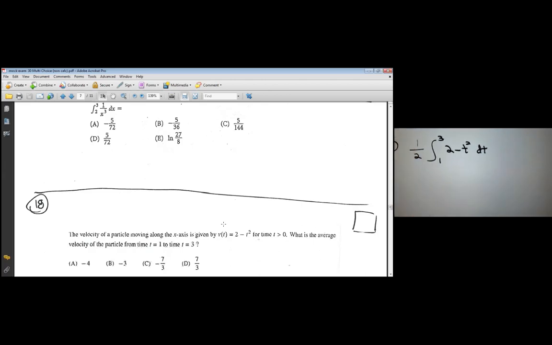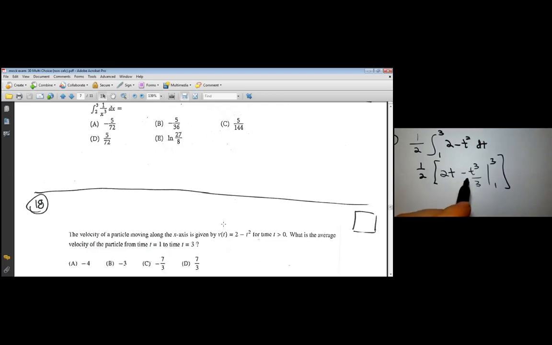Okay, we can just integrate that. This is nice. So if we integrate, you've got 2t minus t to the 3rd over 3 from 1 to 3. Don't forget, we've got a half waiting outside when we're done. Plugging in my 3, that would be 6 minus 27/3, which is 9.